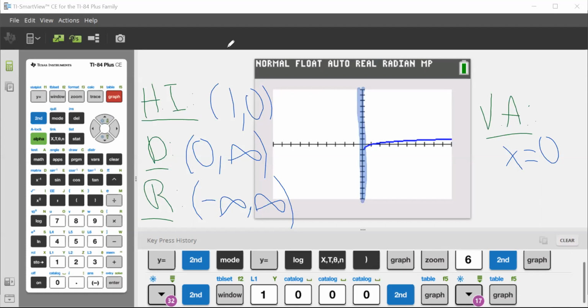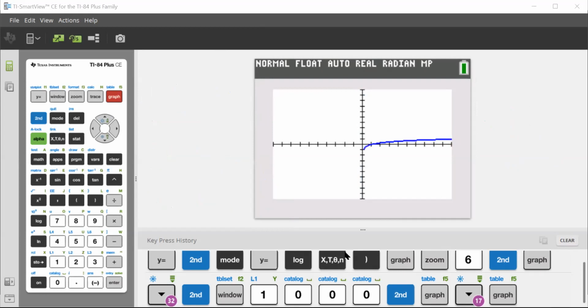Also notice that here, the function being not transformed in comparison to that vertical axis, we see the graph shooting off to the right. That's going to be important later on when we talk about transformed log functions.